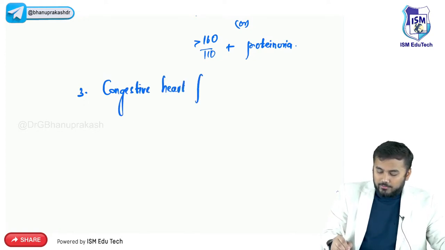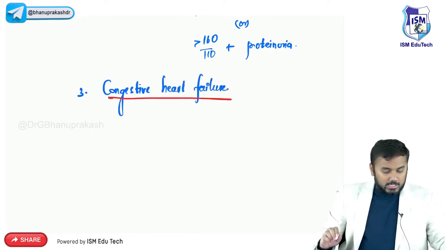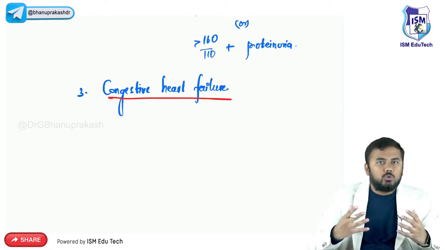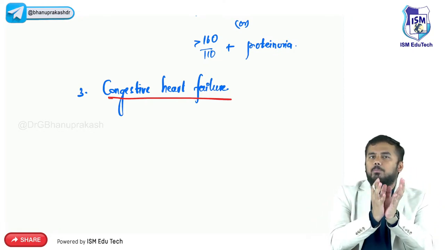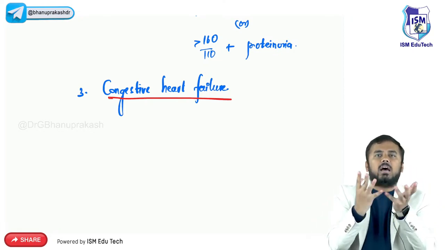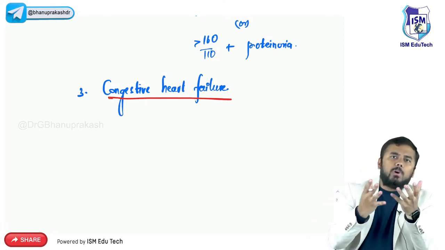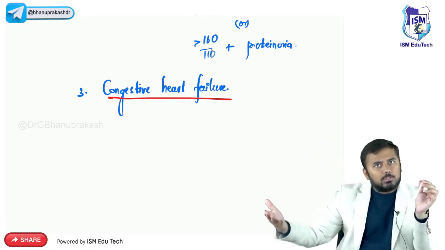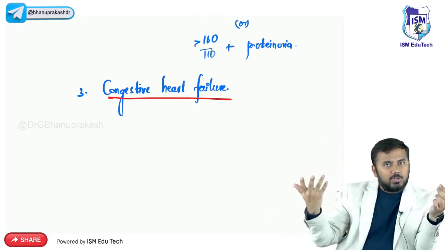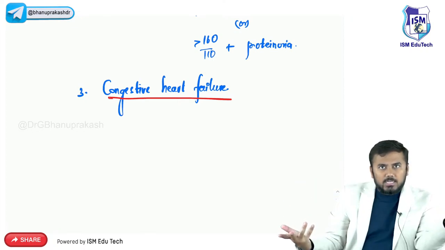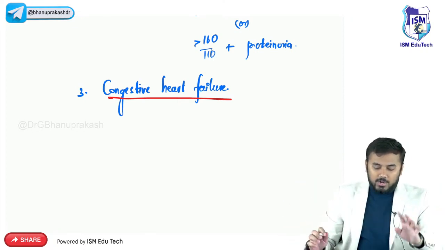In case of congestive heart failure, the ventricles are not pumping the blood properly. They cannot pump the blood because the heart has failed. So the cardiac output will be less, and less blood will be supplied to the fetus, and this would lead to hypoxic ischemic encephalopathy. So even congestive heart failure.